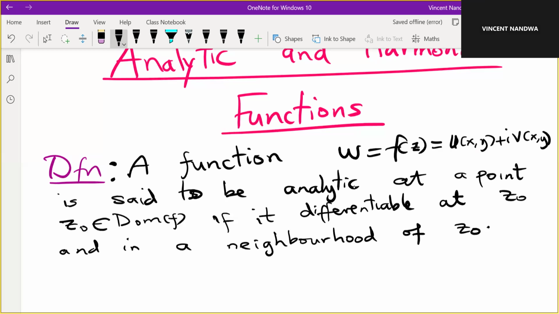So function w given by f of z, which is the same as u plus iv, is said to be analytic at a point z naught if this function is differentiable at this point z naught and in the neighborhood or points around the point z naught.